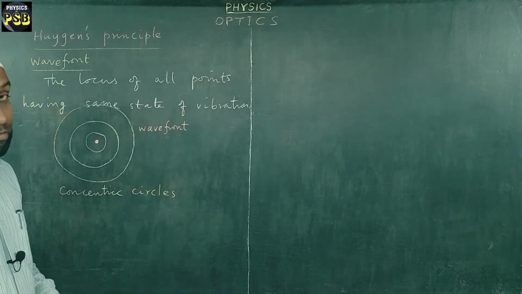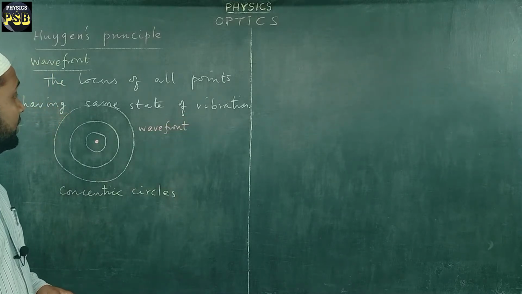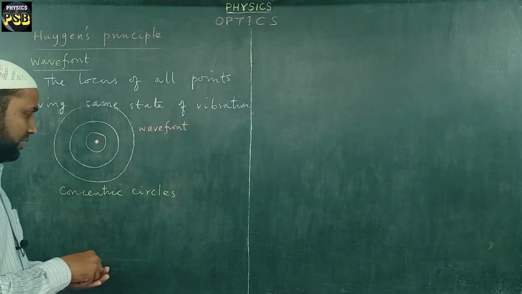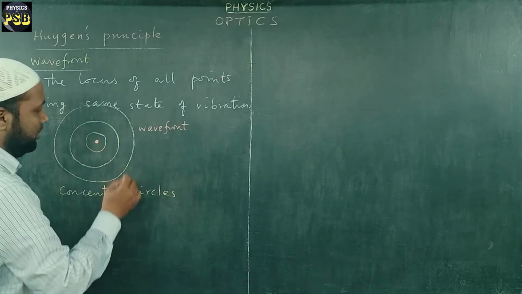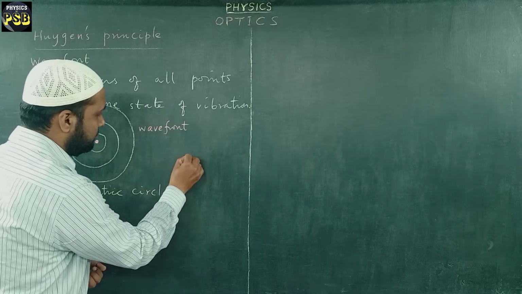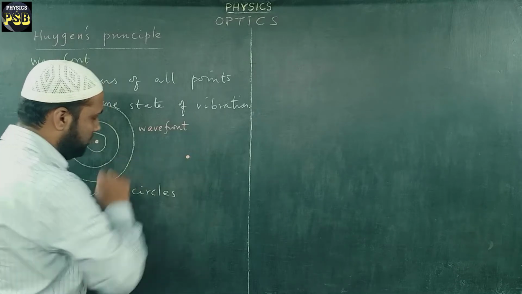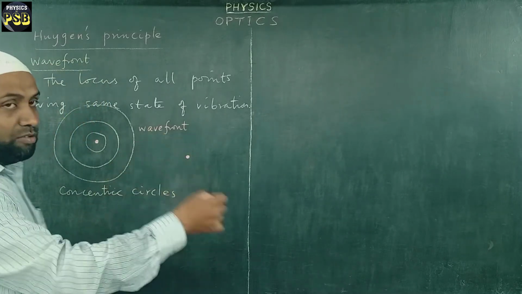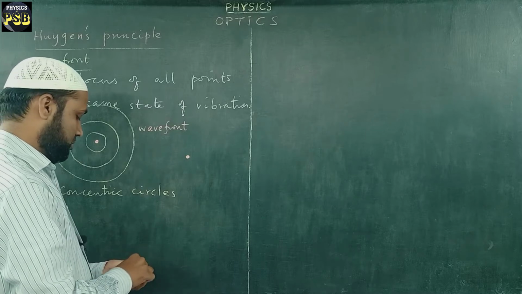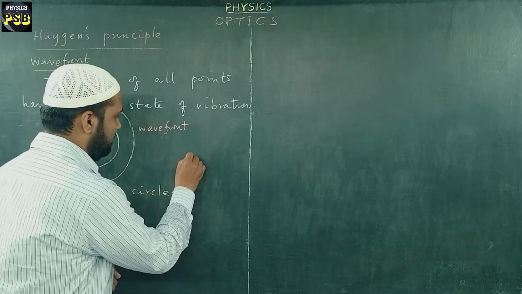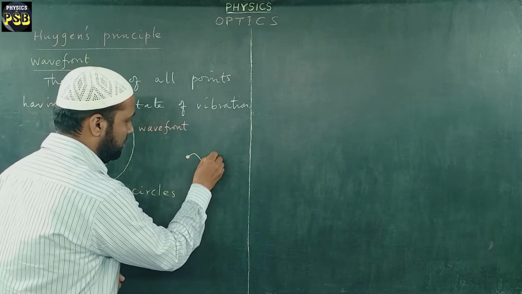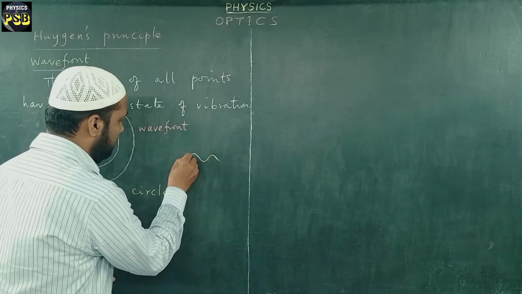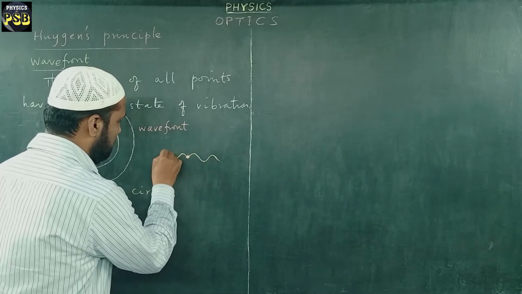Now, to make it more understandable, I take this point here. From this point, waves are spread. This is a wave. This is a wave. Here we have another wave.